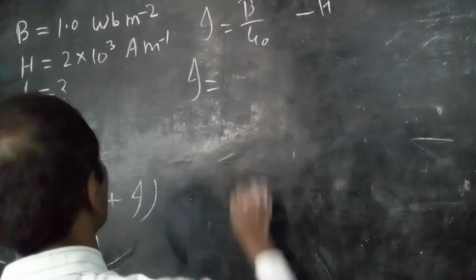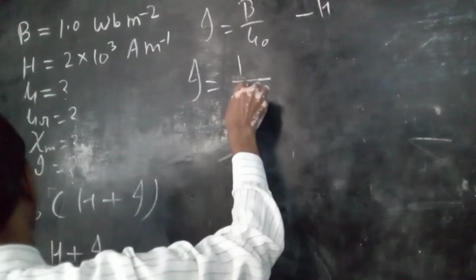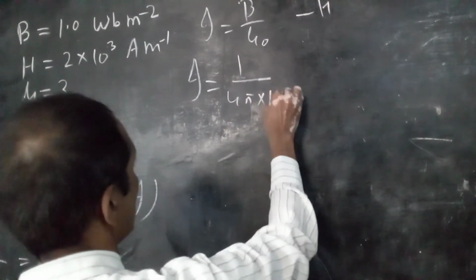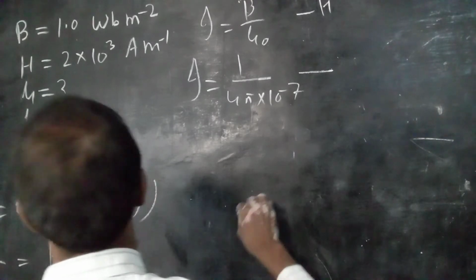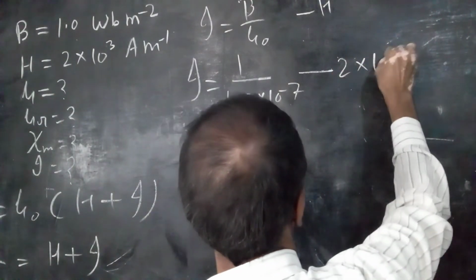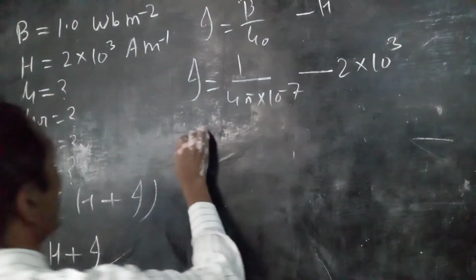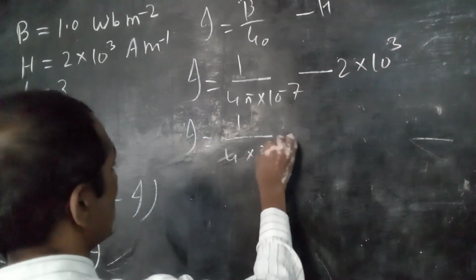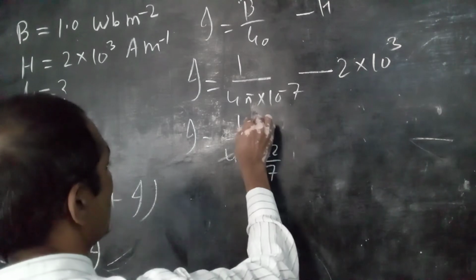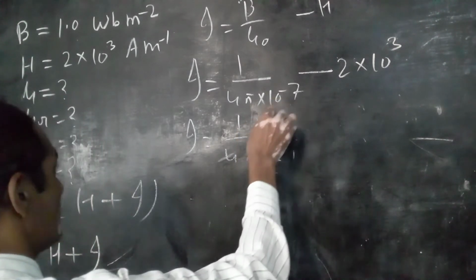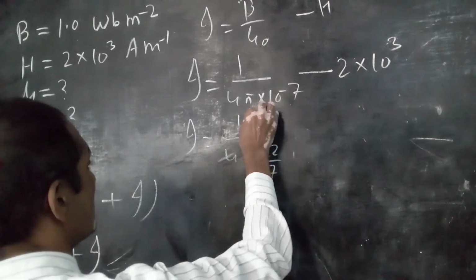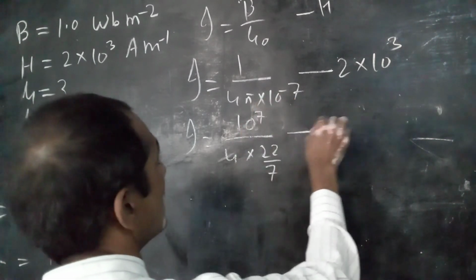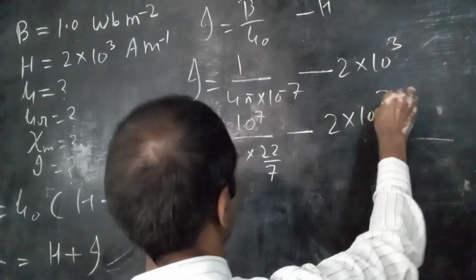So I is equal to B. What is the value of B? B is 1, mu naught is 4π × 10^-7, and H is given as 2 × 10^3. So I is equal to 1 upon 4 into 22 by 7, and when you take 10^-7 to the numerator, it becomes 10^7, minus 2 × 10^3.